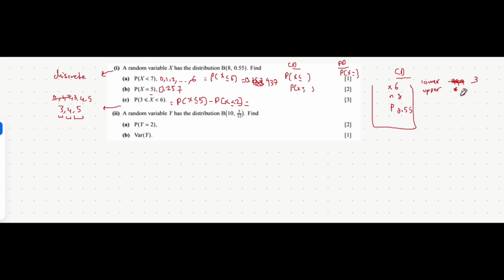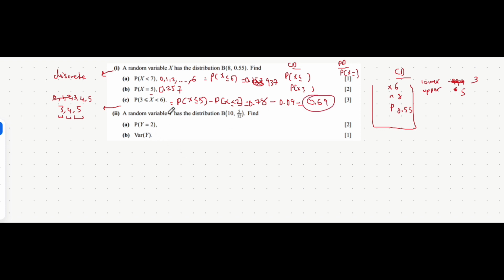But I'm showing how to do it with this method here, which most calculators tend to have. So 5, 8, 0.55. That gets you 0.78. Take away, and then you have to do the whole thing again with less than or equal to 2. So it's a bit longer of a process if you have the same calculator as me. That's 0.088, let's say 0.09, and that equals 0.69, which is the final answer to this question.